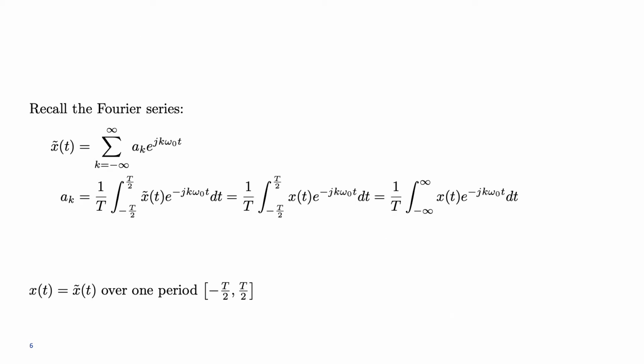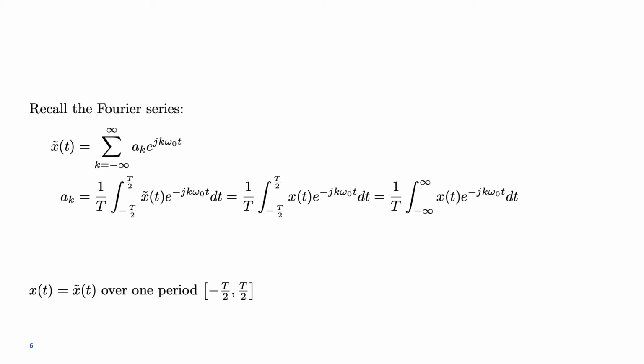If we further elaborate on this, because x tilde of t is the same as x of t over one period, you have the relationship written at the bottom left of this slide. Because the integral runs from minus half t to half t, integrating x tilde or integrating x is the same.